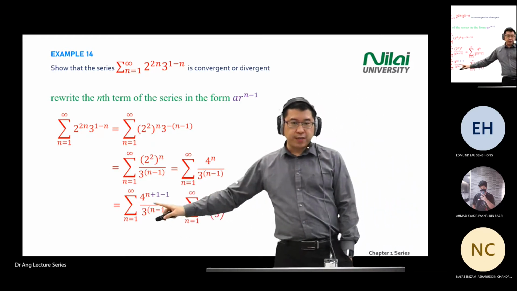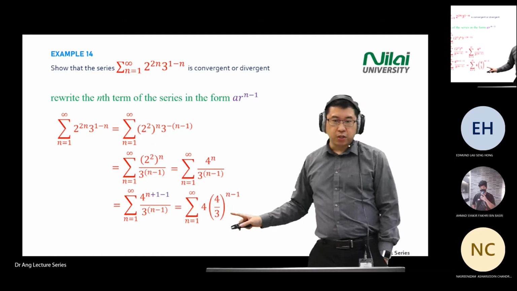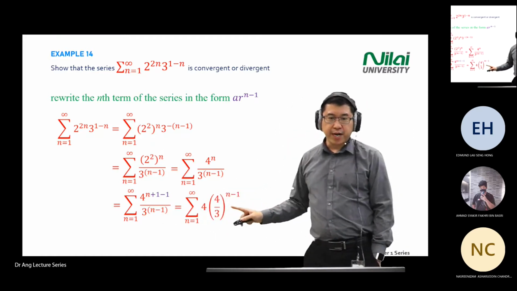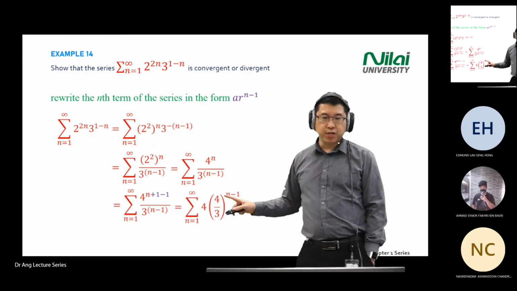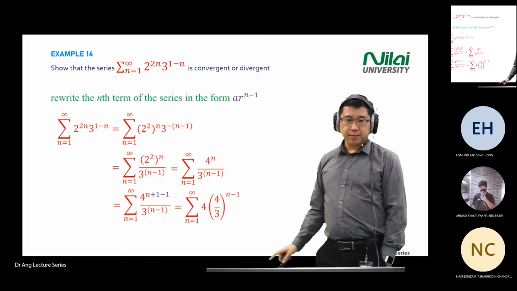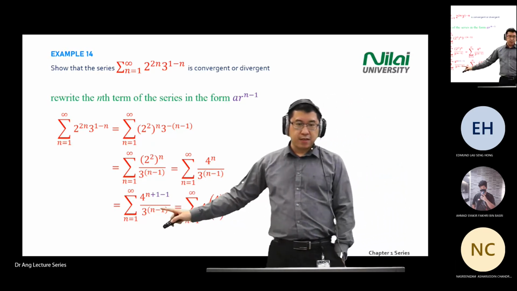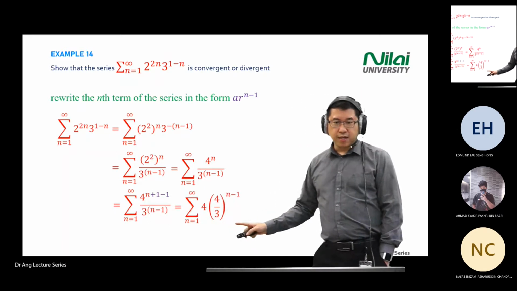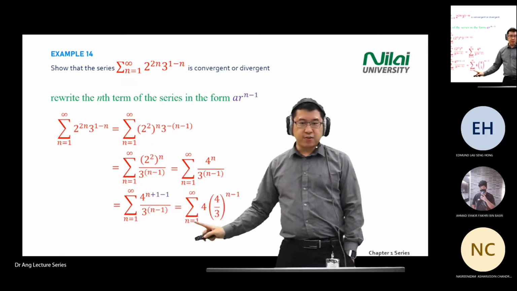After you write this, you can combine and rewrite as 4 divided by 3 power n minus 1, times 4. Do you guys need me to explain how to get from here to here?